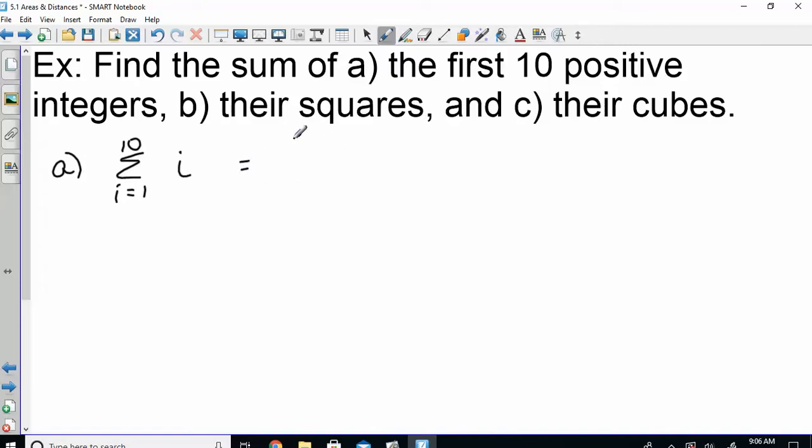What's my n here? 10, times n plus 1, which would be 11, divided by 2. 110 over 2. You should get 55. And this one you could certainly check if you added up those numbers.